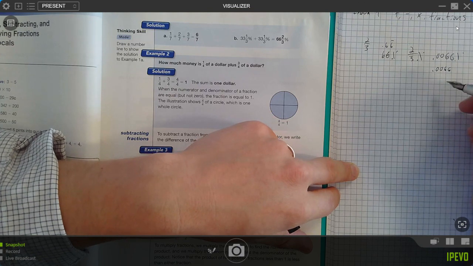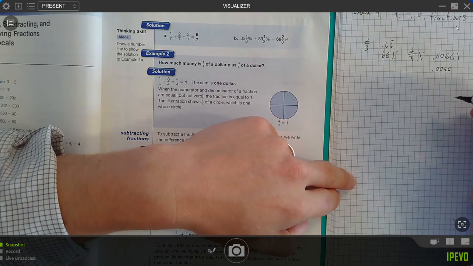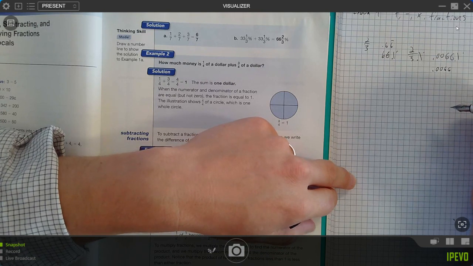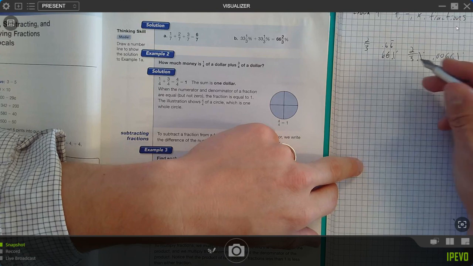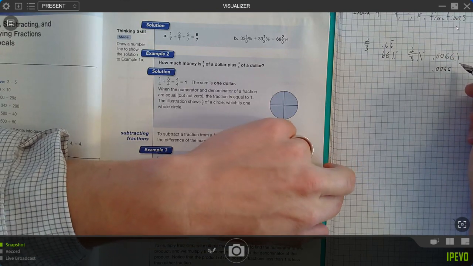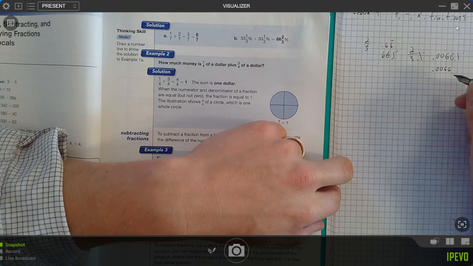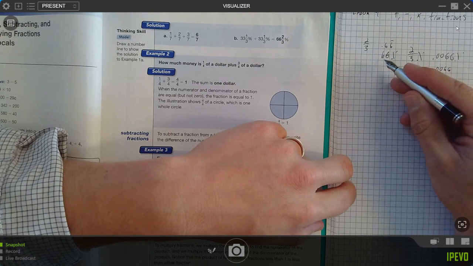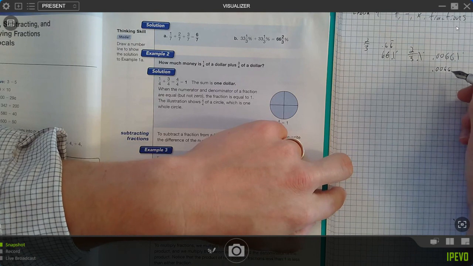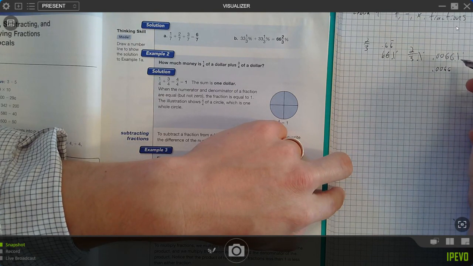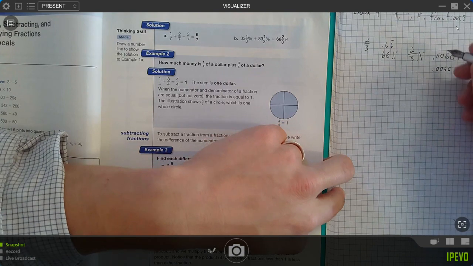Okay. I think I did that just a little bit wrong. 2/3 of a percent is, sorry, it would be 0.66%.